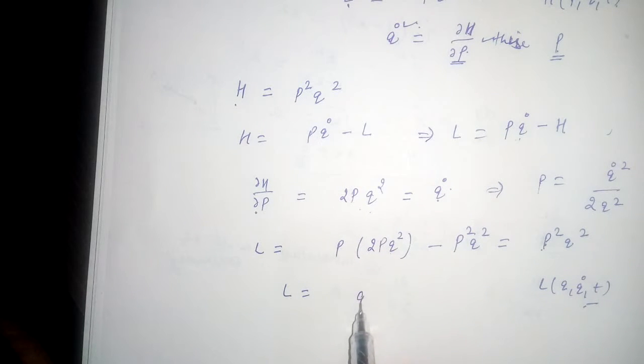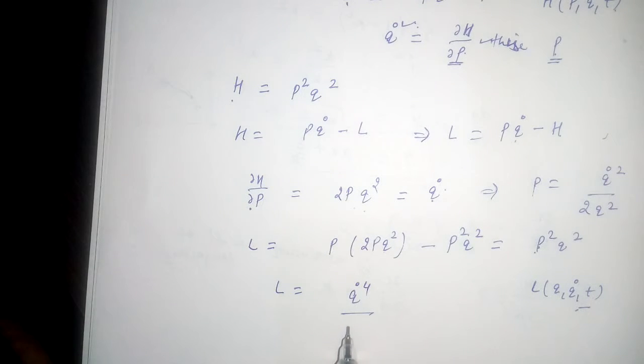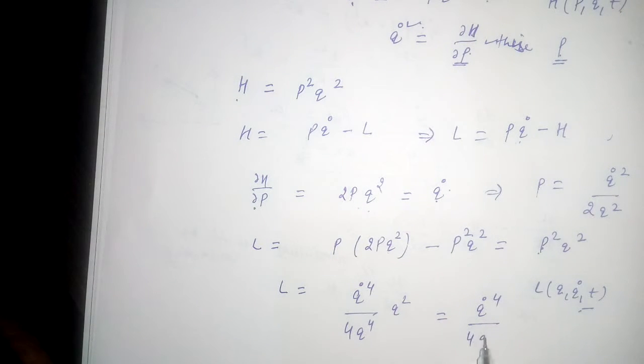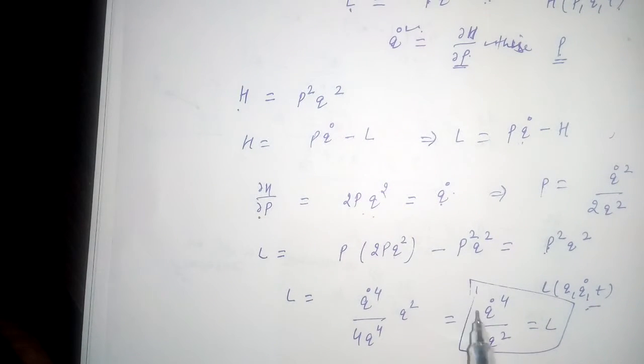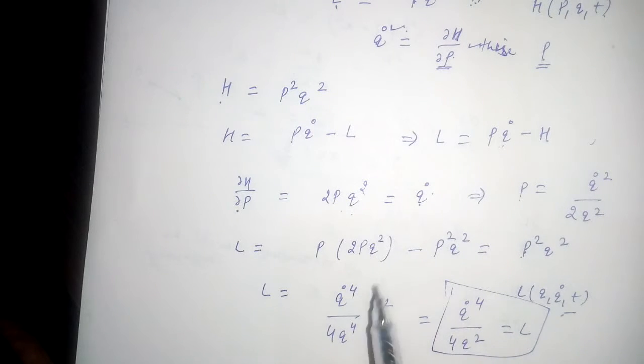P square is Q dot power 4 divided by 4Q power 4, times Q square, and the value will be Q dot power 4 divided by 4Q square. This is the Lagrangian. Similarly, if the Lagrangian is given, we can find the Hamiltonian.